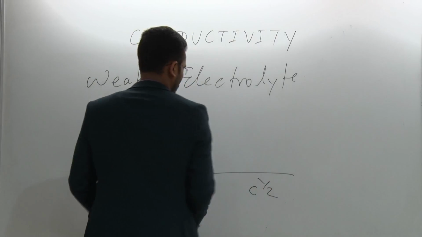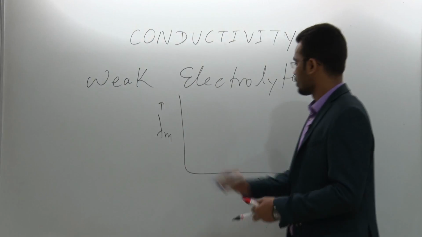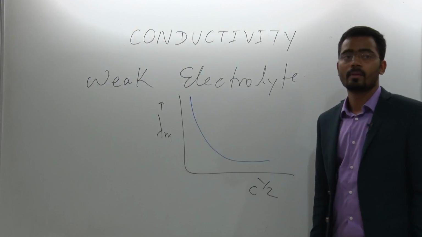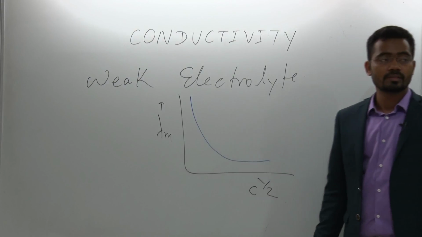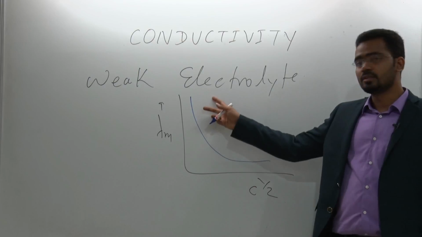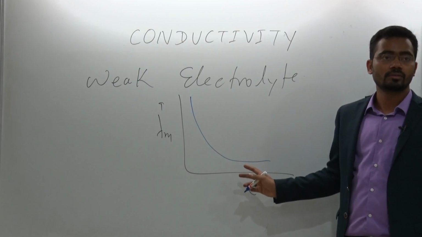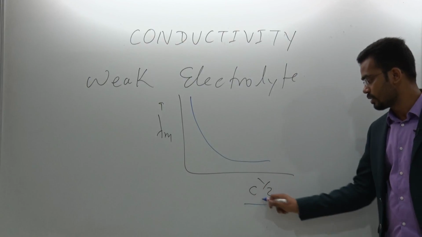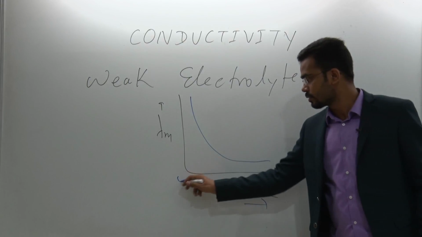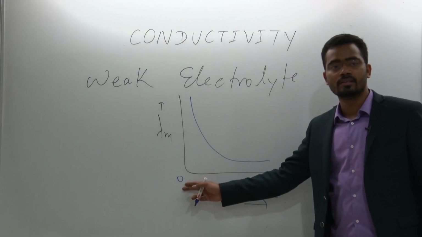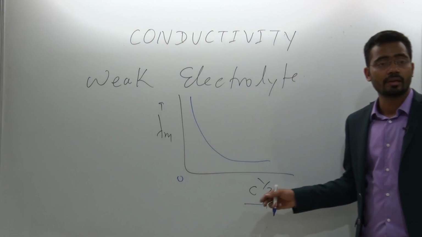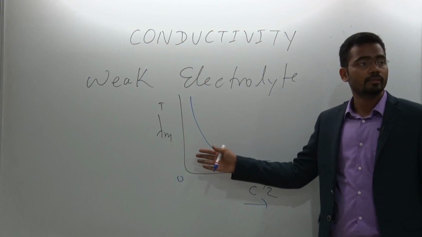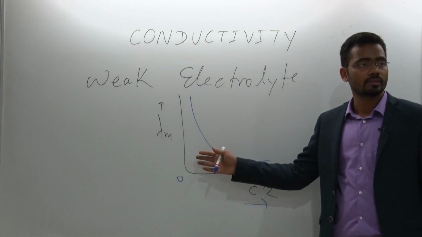Therefore, if you draw the curve of molar conductivity for weak electrolytes versus concentration raised to 1/2, the curve will be like this. It states that when concentration decreases, that is when you increase volume, conductivity increases.